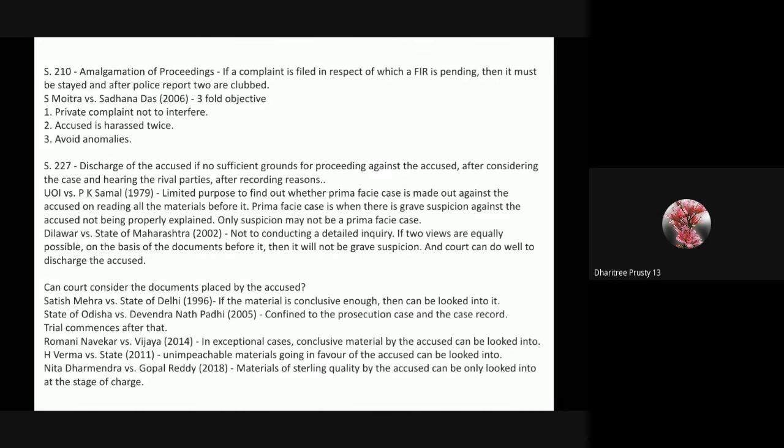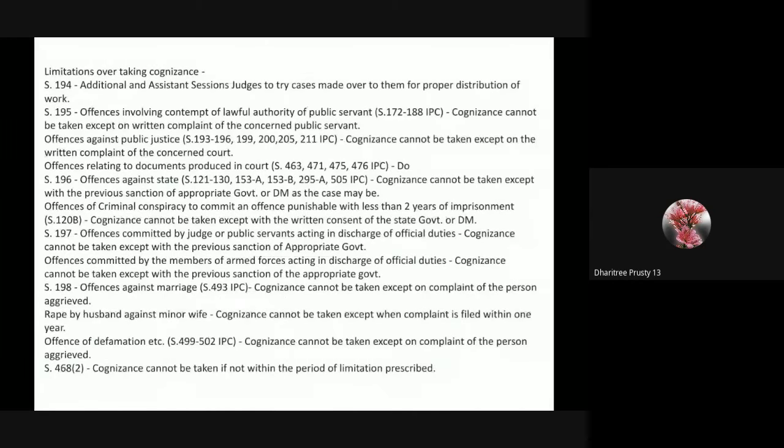So after this miscellaneous provision, we will again move to our topic. I am discussing all these provisions because these are there in the chapter.